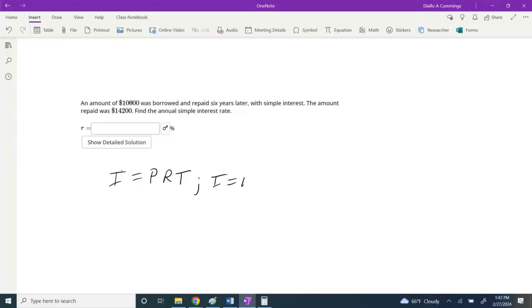So I is going to equal 14,200 minus 10,000. If you subtract those two, you get $4,200, right? Because you originally borrowed $10,000, but you had to pay back $14,200, which means you had to pay interest of $4,200.